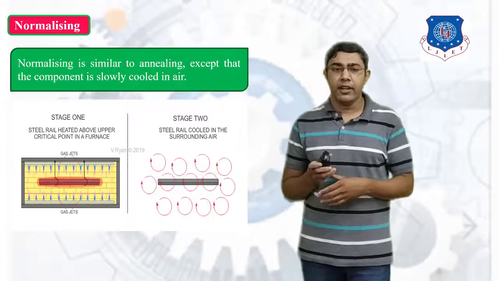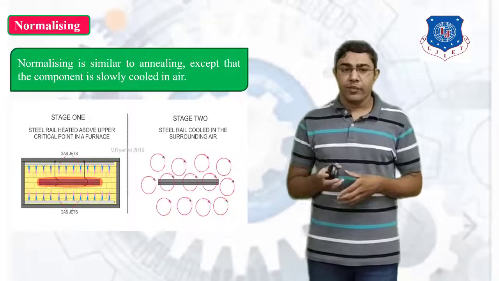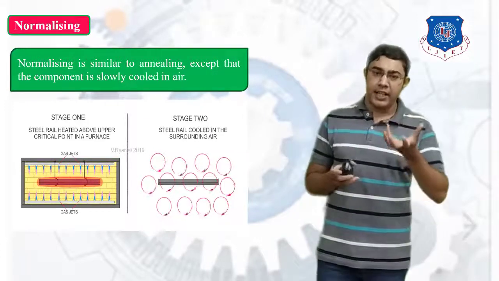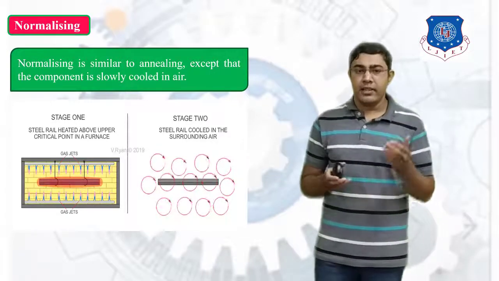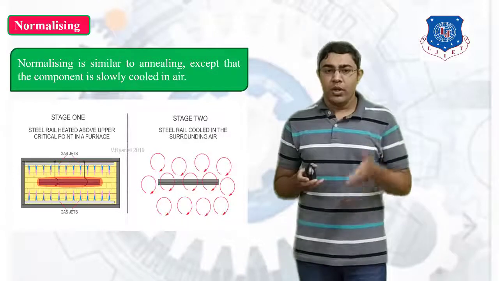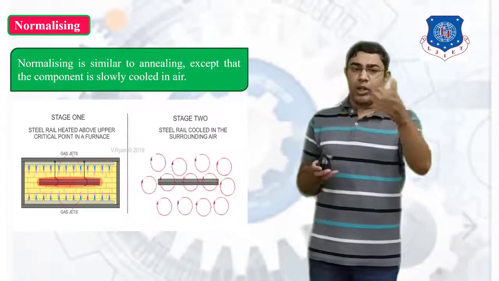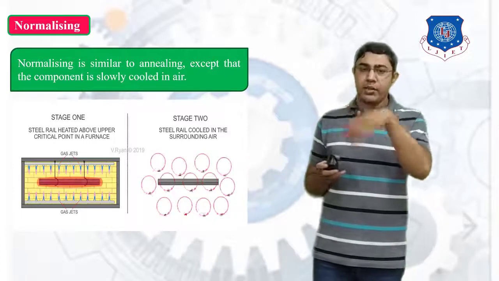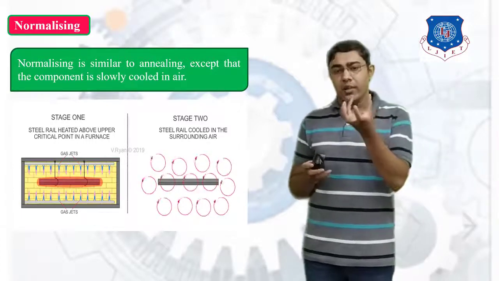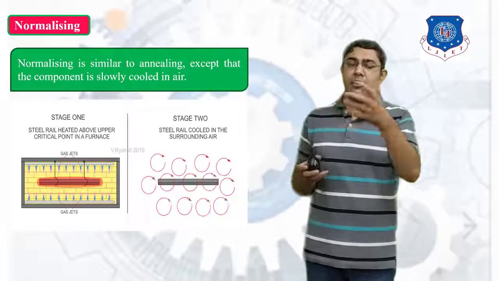As shown in the figure, in stage 1, the steel rail is heated above the critical temperature in a furnace, and then in stage 2, the steel rail is cooled in the air. So the steel rail is cooled by the surrounding air.